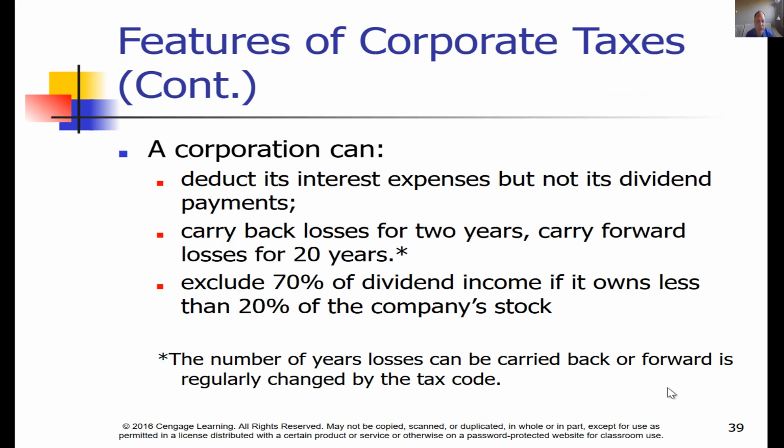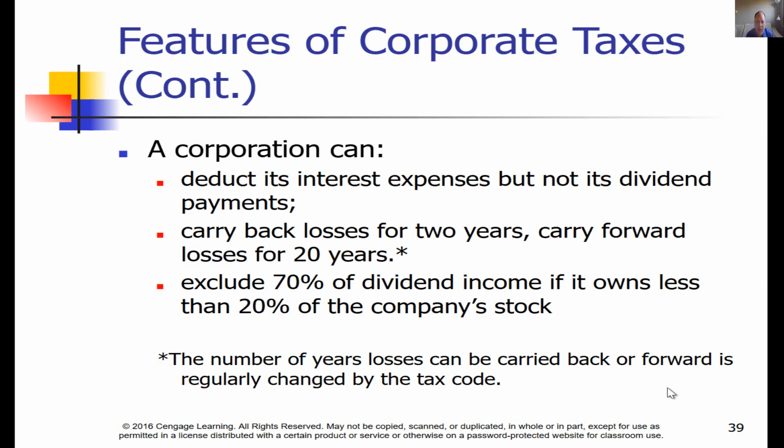There are advantages to being a corporation. For example, a corporation can deduct interest expenses, but not its dividend payments. With the exception of home mortgage interest deductions, the individual can generally not deduct interest expenses. I guess the other exception would be student loan interest expenses. Before the Reagan tax code changes, individuals could deduct a lot more interest expenses. Reagan cut tax brackets, but cut out expenses like the interest deduction.